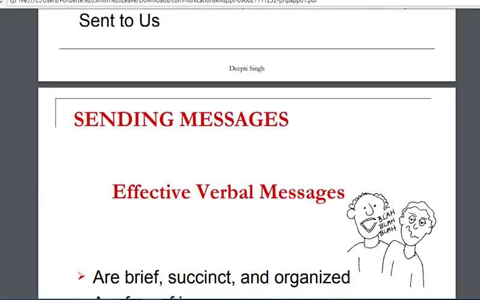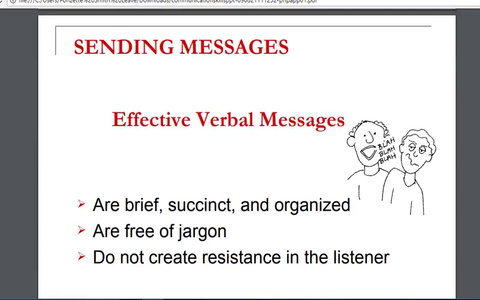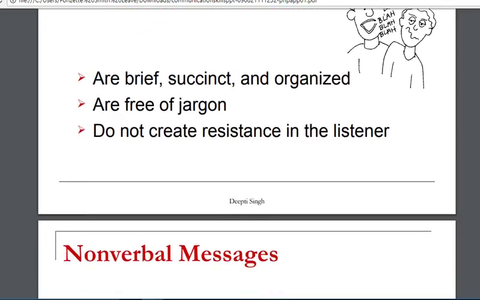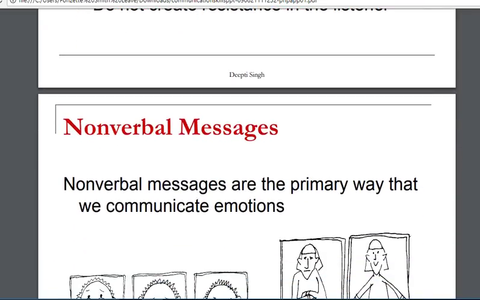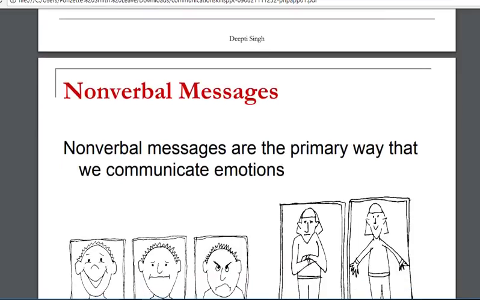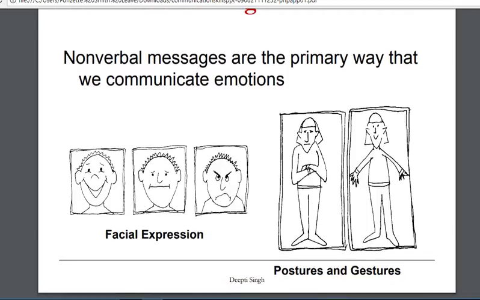Sending messages. Effective verbal messages are brief, succinct, and organized, are free of jargon, and do not create resistance in the listener. Nonverbal messages are the primary way that we communicate emotions, such as facial expression, posture, and gestures.